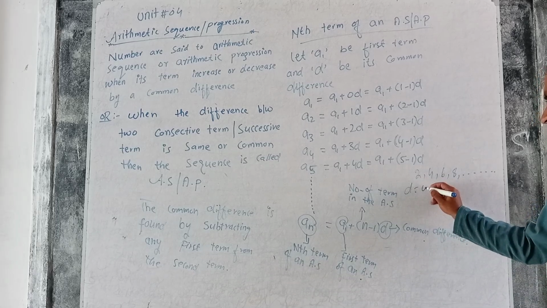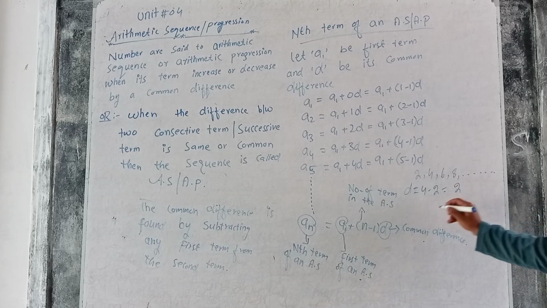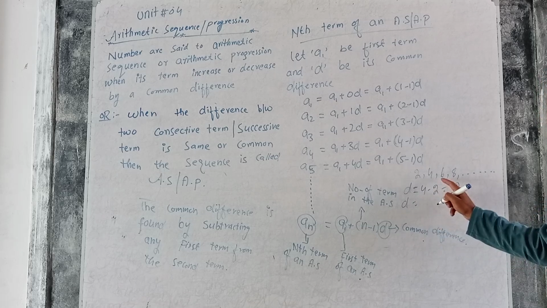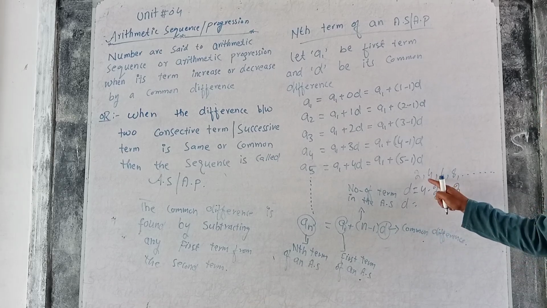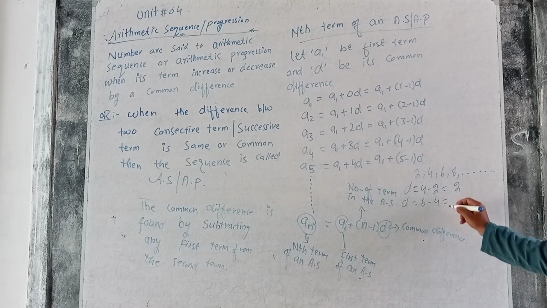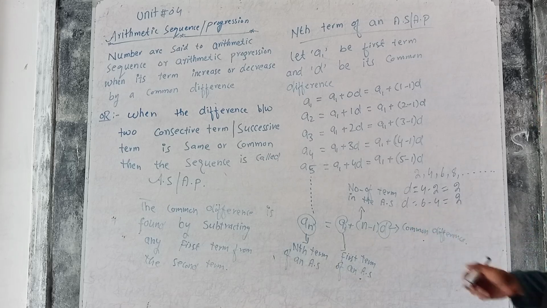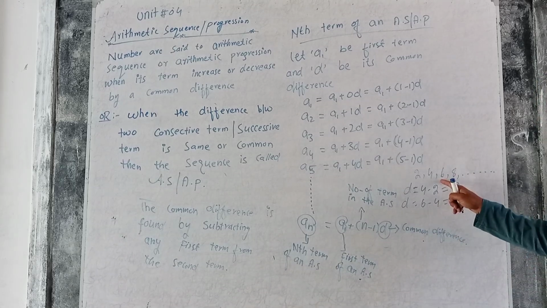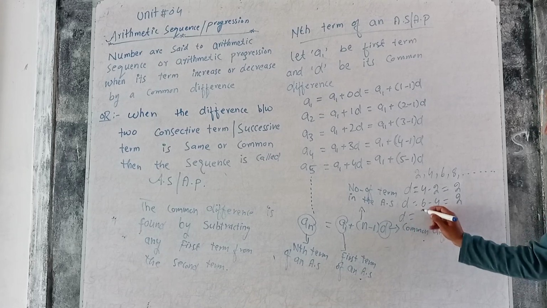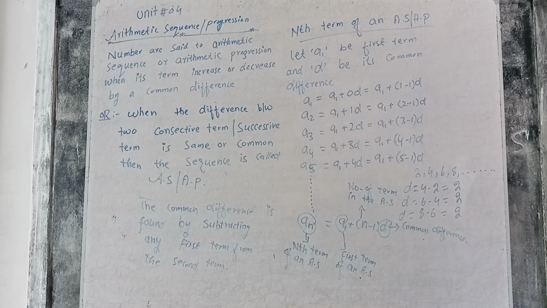D is equal to 4 minus 2, which is equal to 2. Similarly, D is equal to 6 minus 4, which is equal to 2. Similarly, if we subtract 6 from 8, we get 8 minus 6, which is equal to 2.